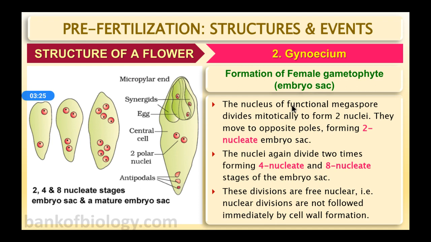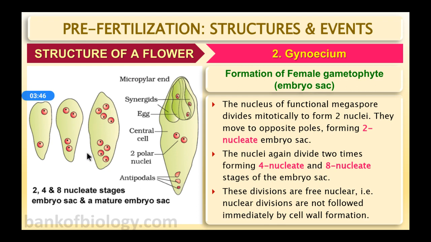That is, the nucleus of the functional megaspore mitotically divides to form a 2 nucleate embryo sac, which divides again to form 4. This divides again and forms an 8 nucleate embryo sac, and after this they form a cell wall.